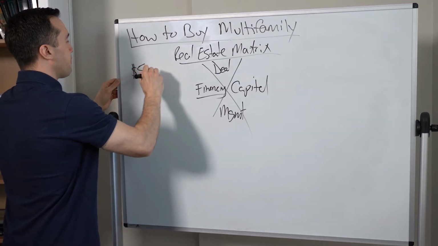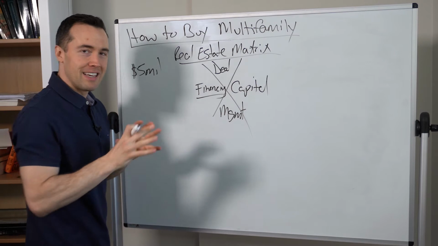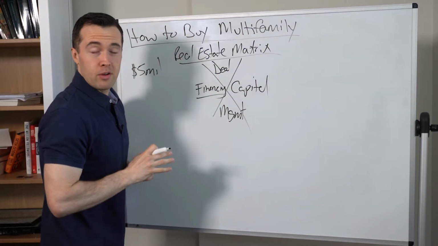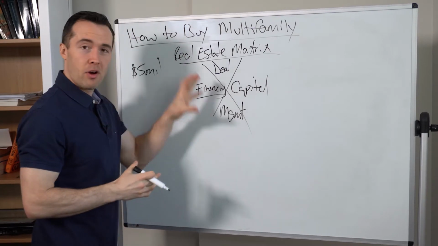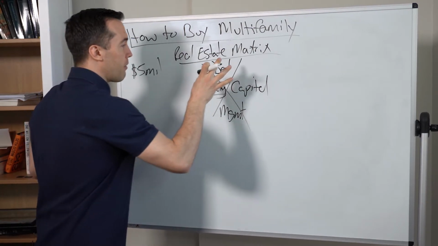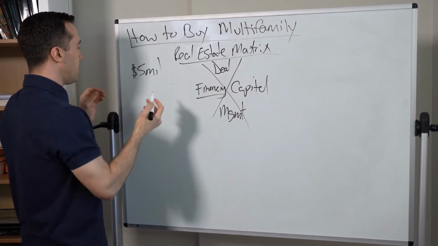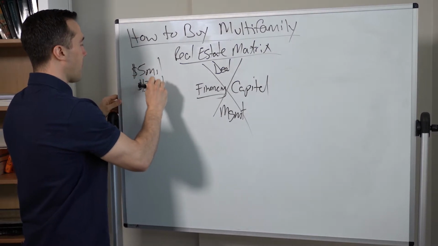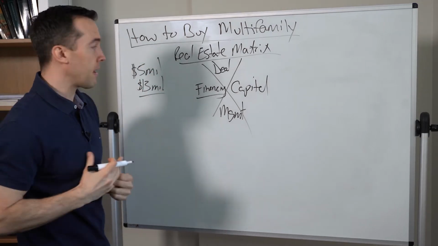To acquire this property, hypothetically speaking, we found the deal, we underwrote the deal, we got it under contract, we did the due diligence, we did the market research, and then we have the capital it needs. So let's say it has some value add to it, so we need $3 million of cash, of capital to invest in the deal. So we have the $3 million in our bank account.